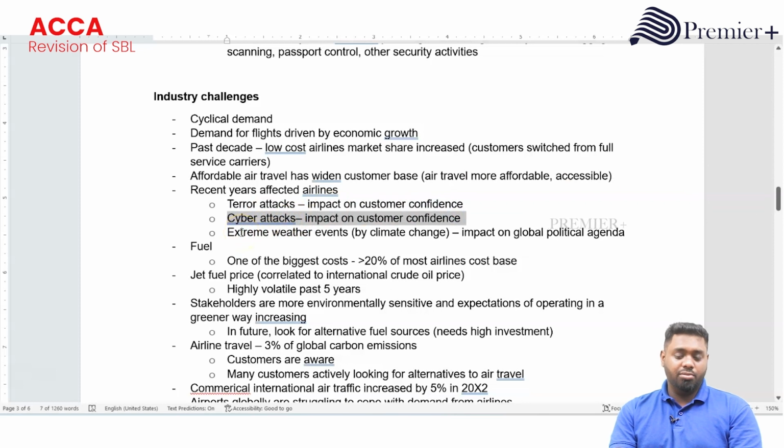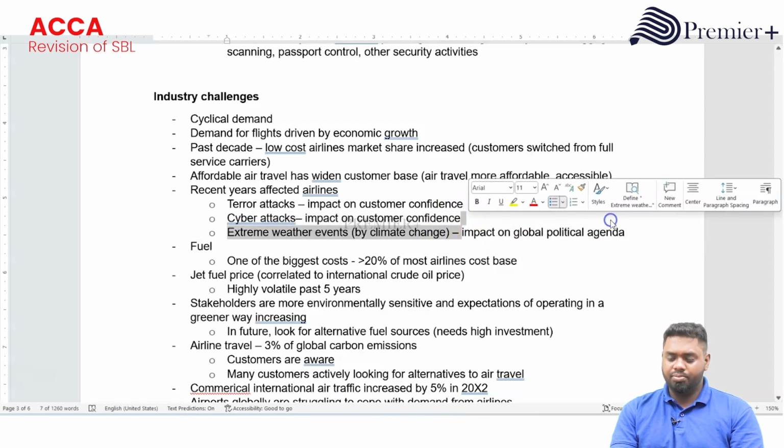This also impacts the customer confidence. They might lose their data and face vulnerabilities through personal data leakage. Extreme weather events can also affect airlines, because obviously changes in climate can affect the airline travel itself, and this will have an impact on the global political agenda.